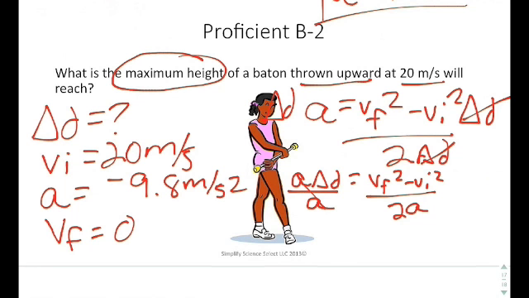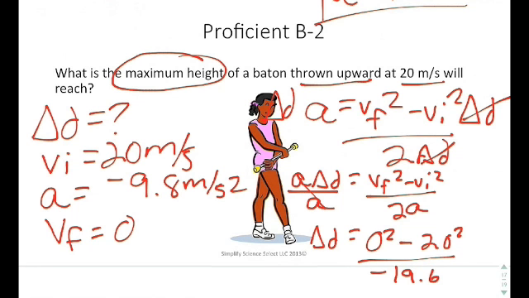At this point I can plug it into my equation, and I can say delta D is equal to 0 squared minus 20 squared divided by negative 19.6. Once again, I would recommend that you multiply the denominator and go ahead and write that down so you don't make a mistake with order of operation.